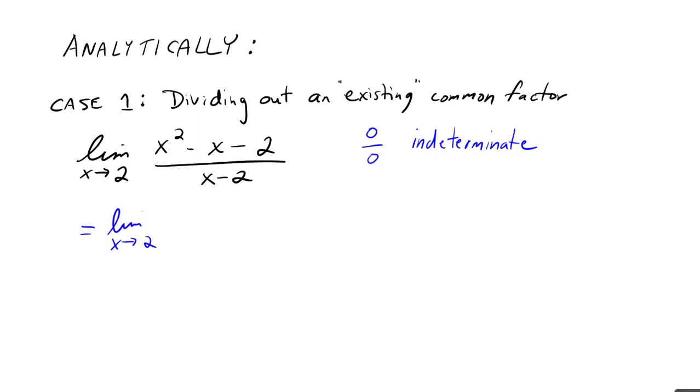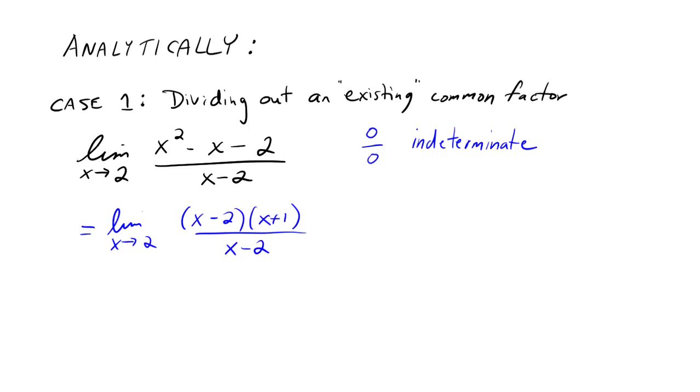All right, so if we factor x squared minus x minus 2, we would get (x minus 2)(x plus 1) over x minus 2. Okay, so now we see, and it's no surprise that there was an x minus 2 factor in the numerator because it was 0 when x was equal to 2. All right, for a polynomial, that's a rule.